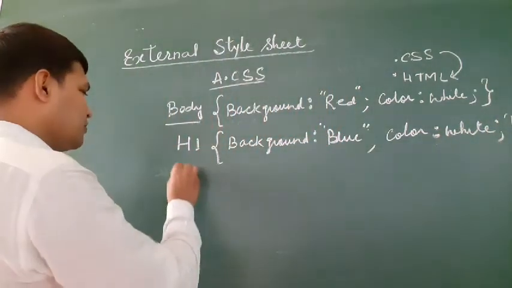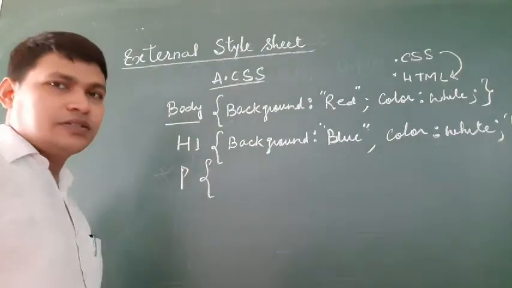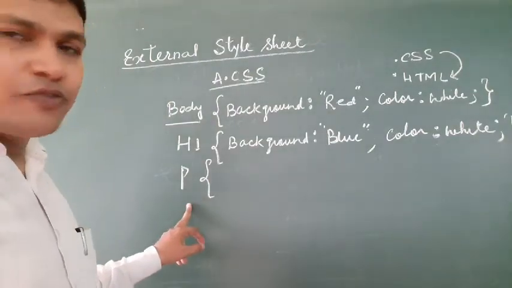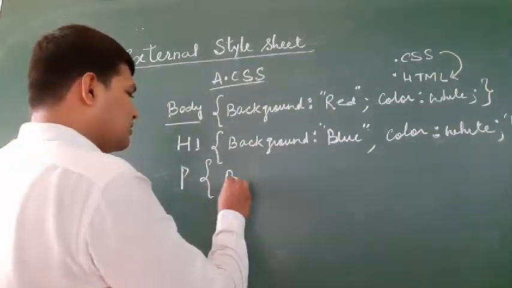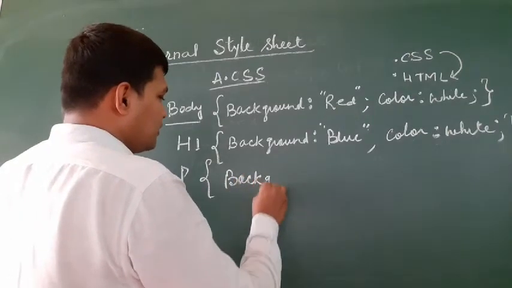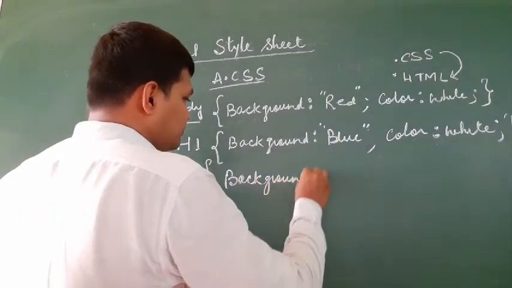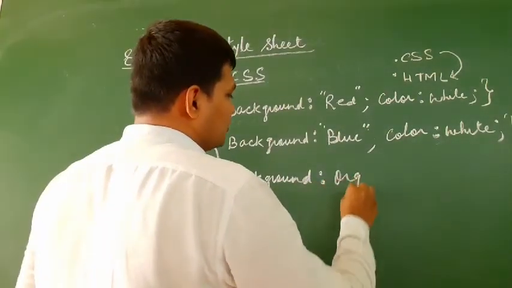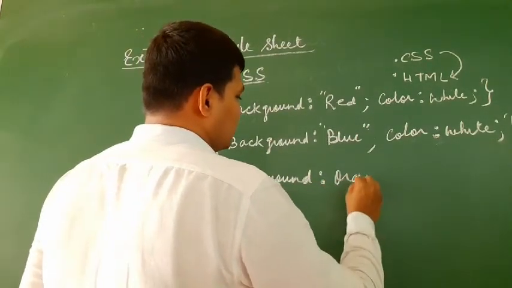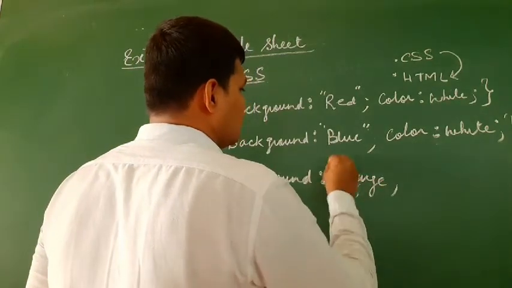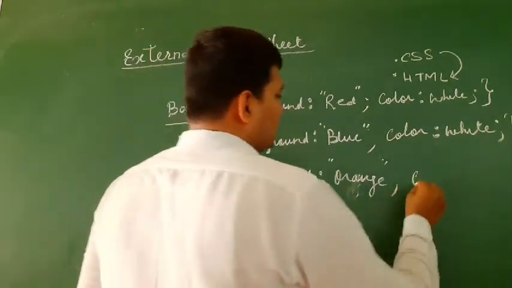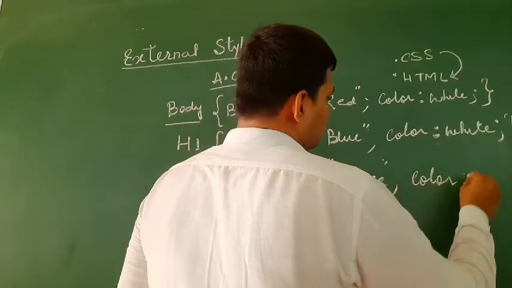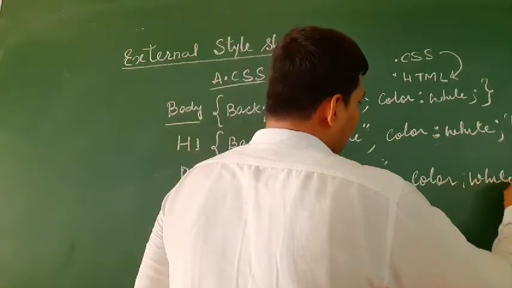Another selector I am using in this program is P, that means for the paragraph. The same property: background in the paragraph will be orange, and the color of the text will be the same, white. Okay.